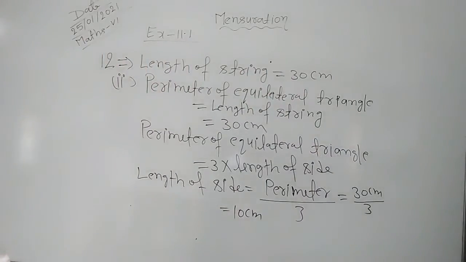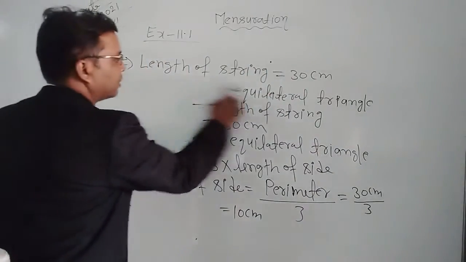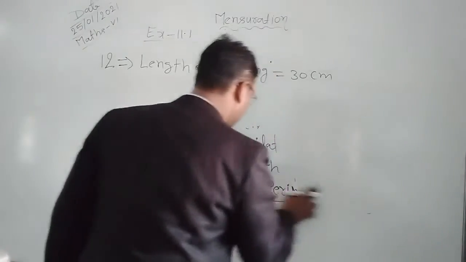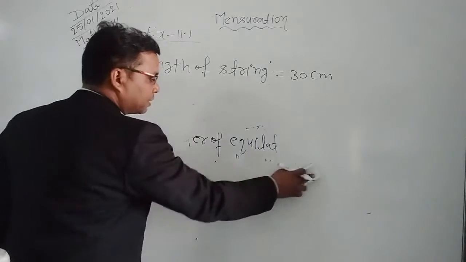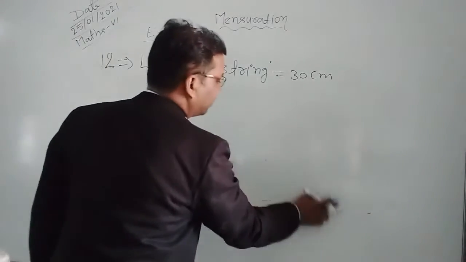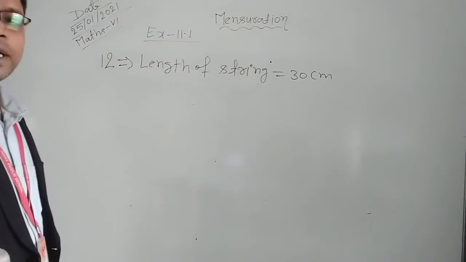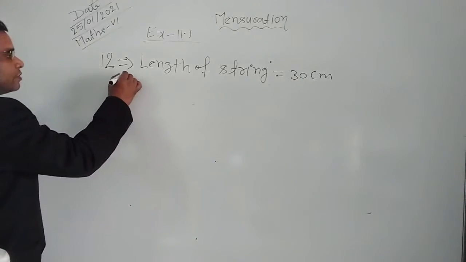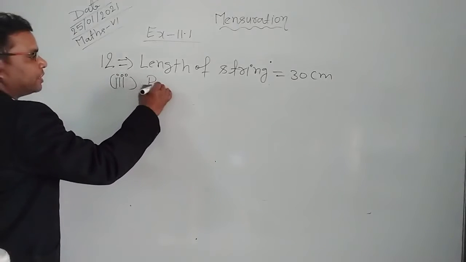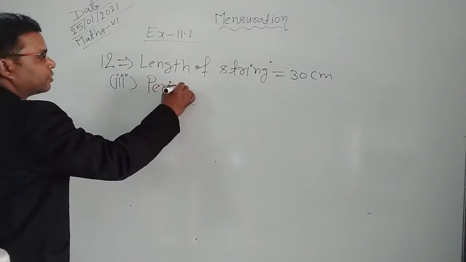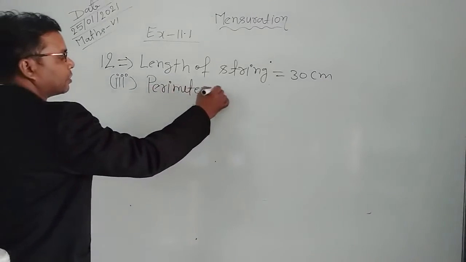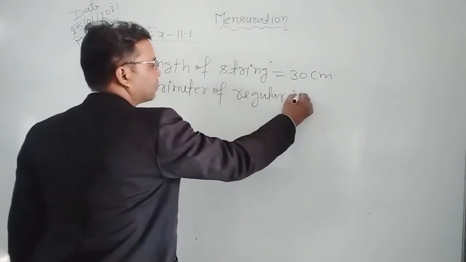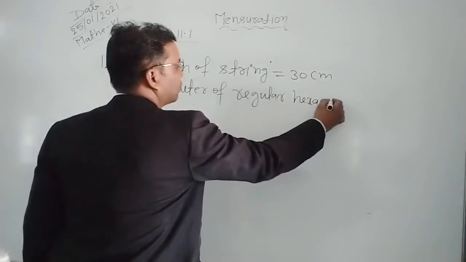So let's say now the length of string is 30 centimeters again, and this time we form a regular hexagon. So again we write here the perimeter of the regular hexagon.